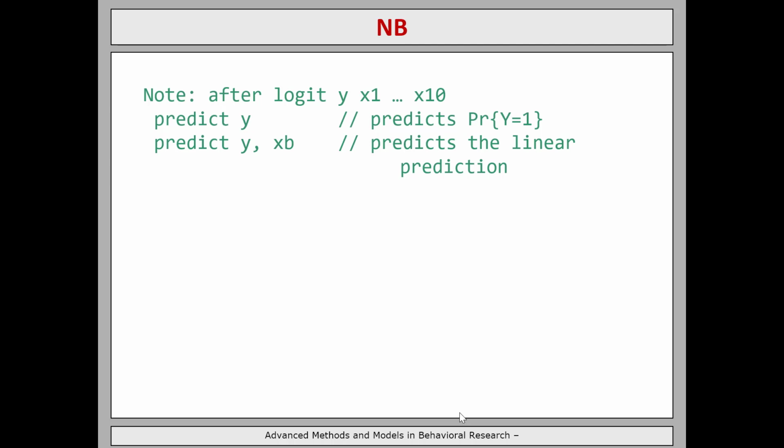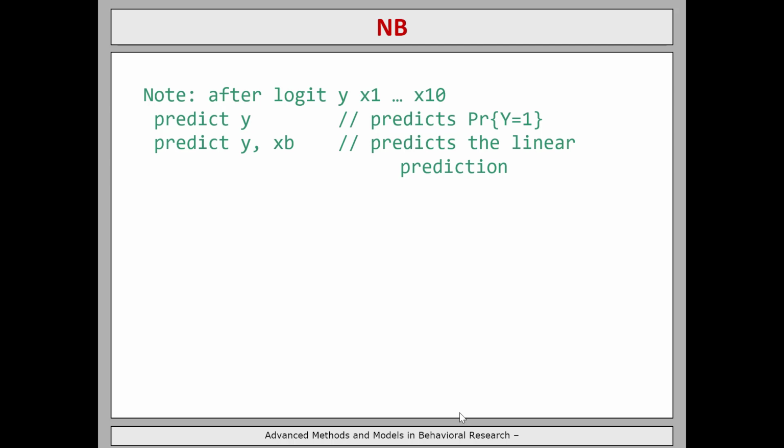Stata needs to know, do you mean the predicted probabilities, or do you mean the predicted zeros and ones? Of course, if you ask for the probabilities, you could create the zeros and ones yourself if you wanted, but you have to ask Stata in different ways. So if after a logistic regression you just type predict y, then you get the probabilities.